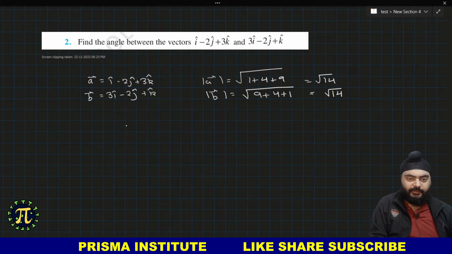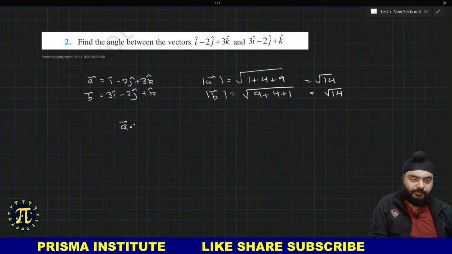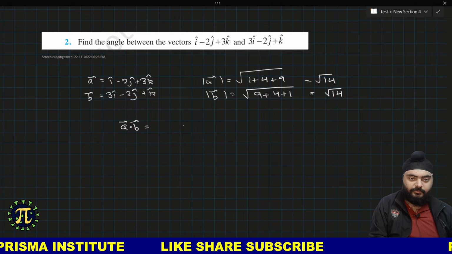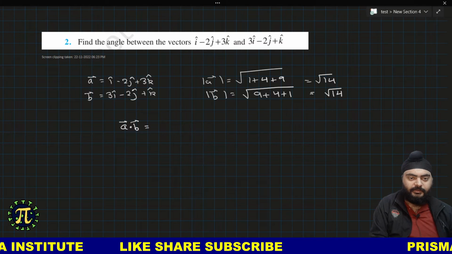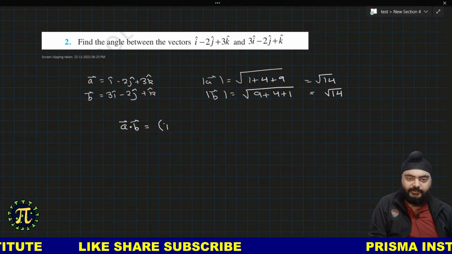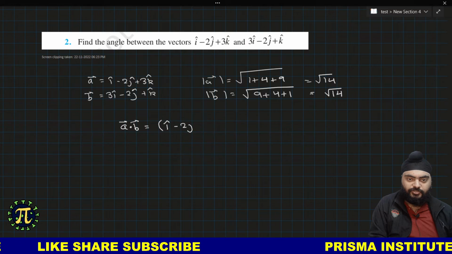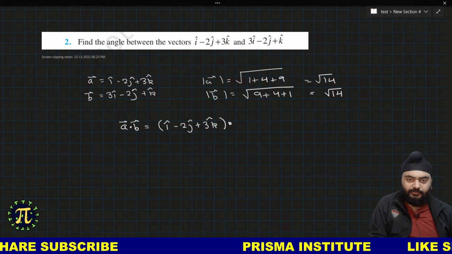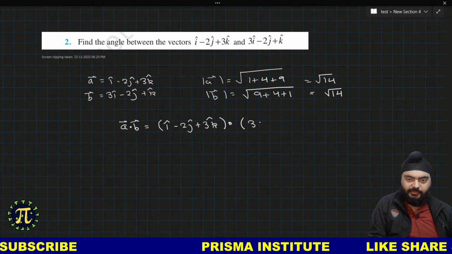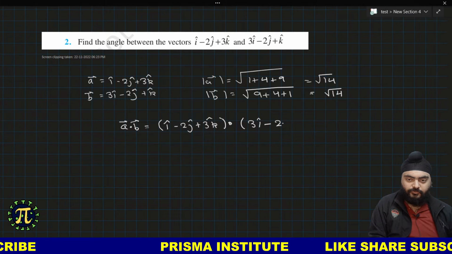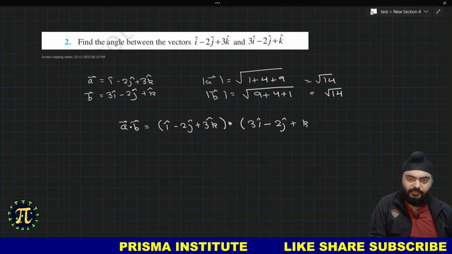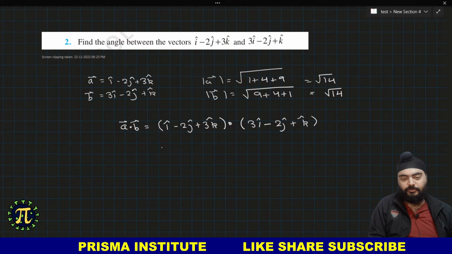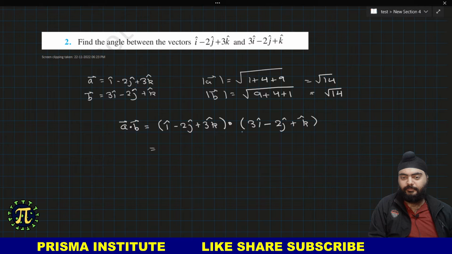Now let's find A dot B vector. So we have to multiply. Okay, so first let's expand and write i minus 2j plus 3k dotted with 3i minus 2j plus k. And we will not write all nine components. We will not multiply each term with each term, right?